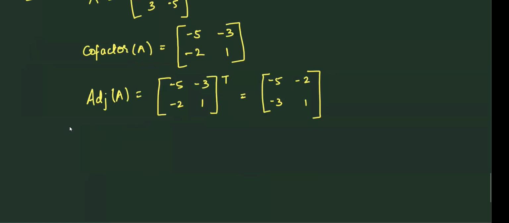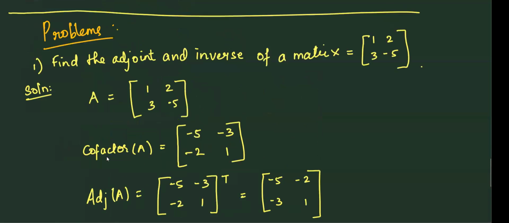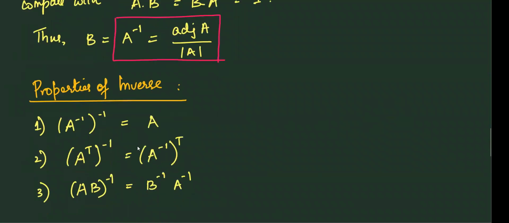No. So determinant of matrix A is determinant of 1, 2, 3, minus 5. Determinant is minus 5 minus 3 into 2, minus 6 minus 5 is minus 11. So this is the determinant.